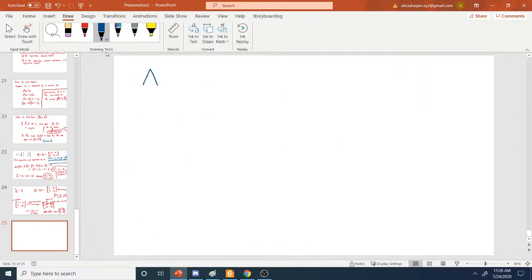So if we look at A minus I times -3, then we're going to get the matrix 6, 3, 2, 1. As before, I'm going to go through row reduction first to find the null space.